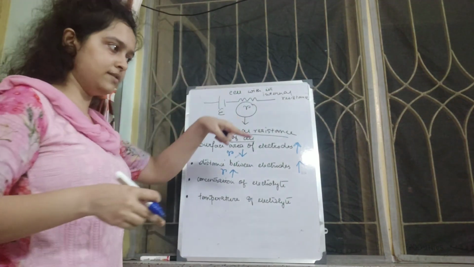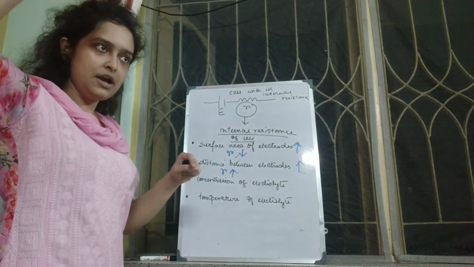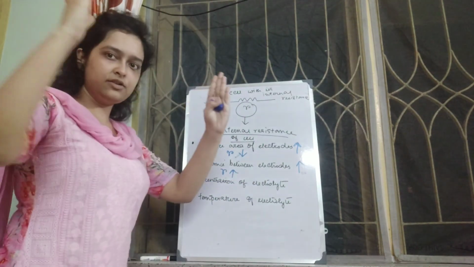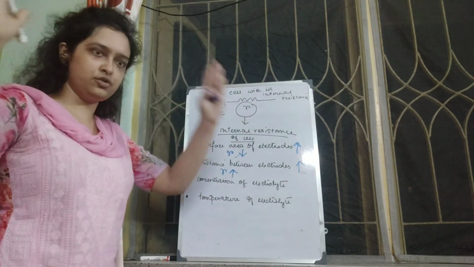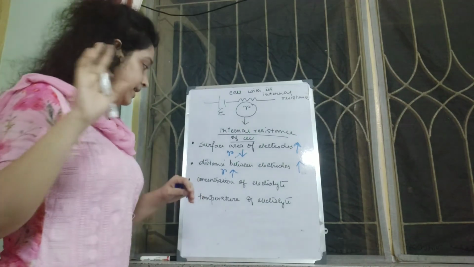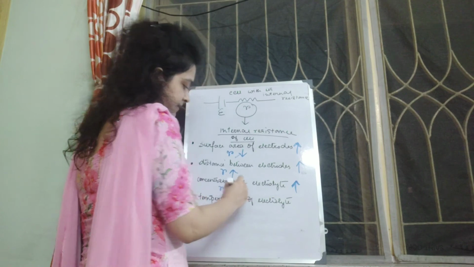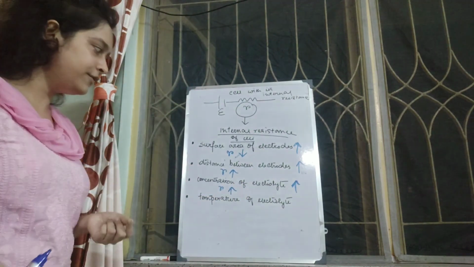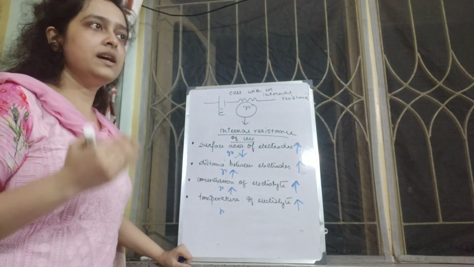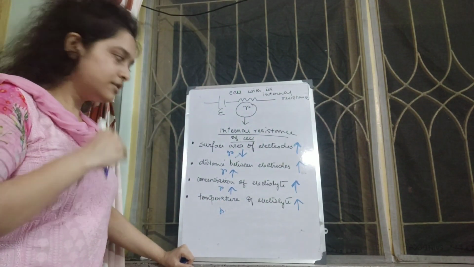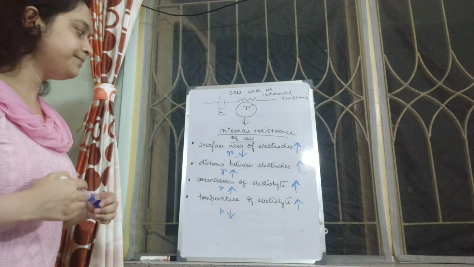The current has to cross a larger path now, when flowing through the electrolyte, to move from one electrode to another. Okay. If the concentration of electrolyte is more, obviously internal resistance will be more. More resistance will be offered. If temperature is more, the concentration of electrolyte decreases. So if concentration of electrolyte decreases, that means internal resistance will decrease. Okay.